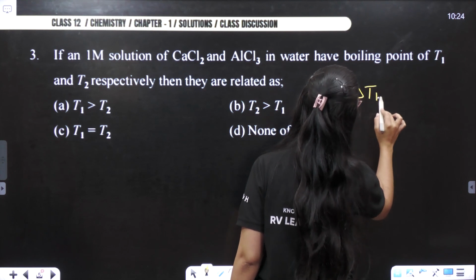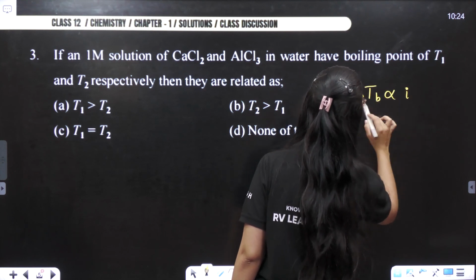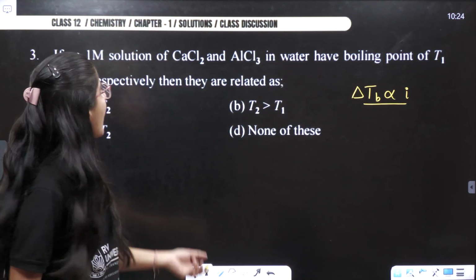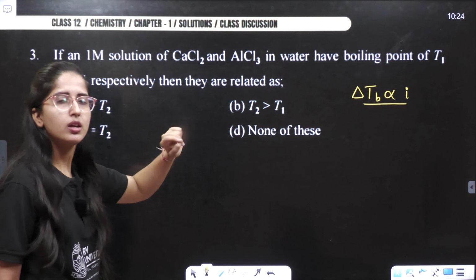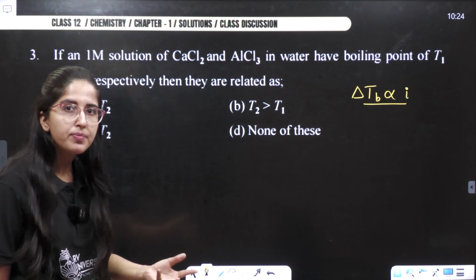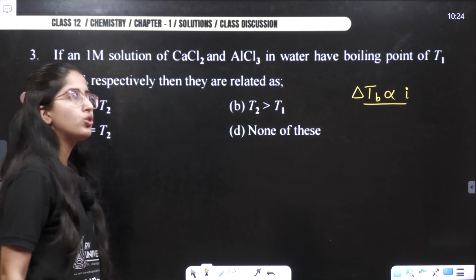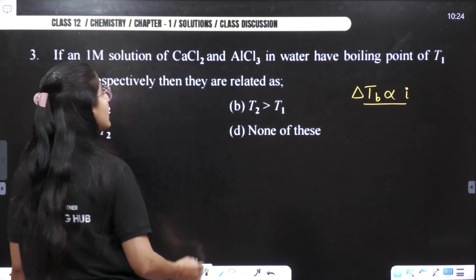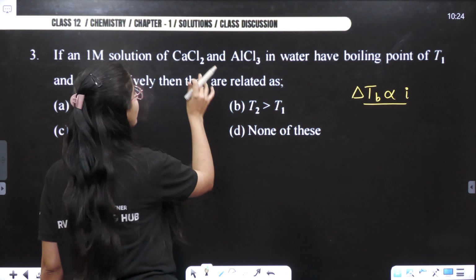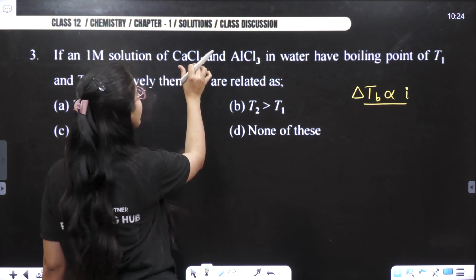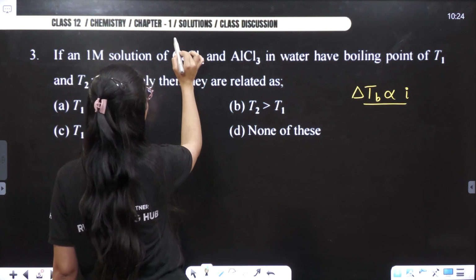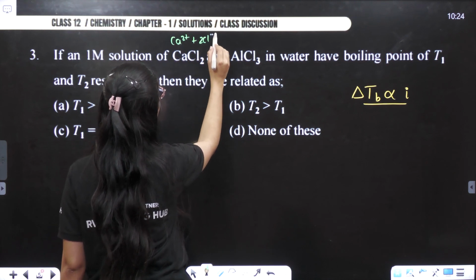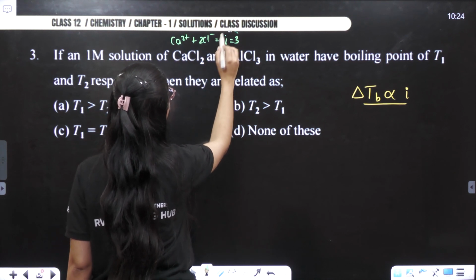Elevation in boiling point is directly proportional to the Van't Hoff factor and, obviously, the molarity. As the molarity is the same here, the concentration is the same, so it is directly proportional to the i value. The Van't Hoff factor i represents the number of ions when they dissociate or associate. Calcium chloride dissociates to form 1 calcium ion and 2 chloride ions, so the i value is 3.